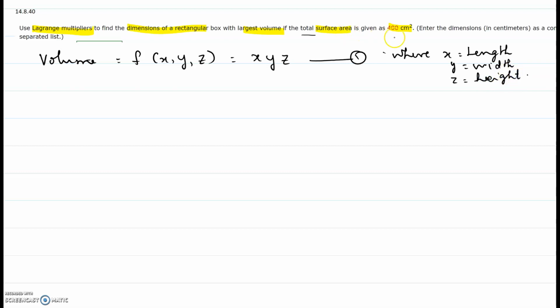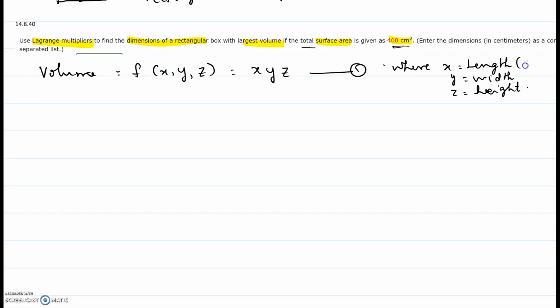So as the surface area here is given in terms of centimeter squares, we'll assume that each dimension is measured in terms of centimeter.